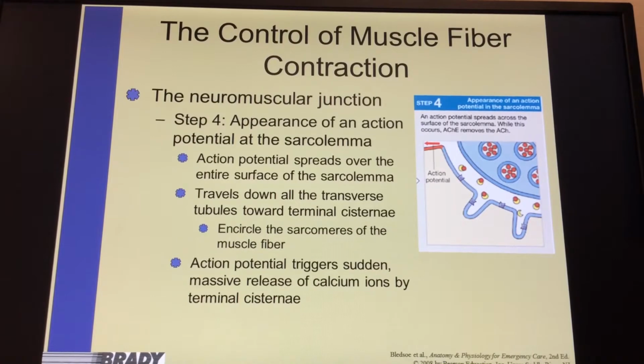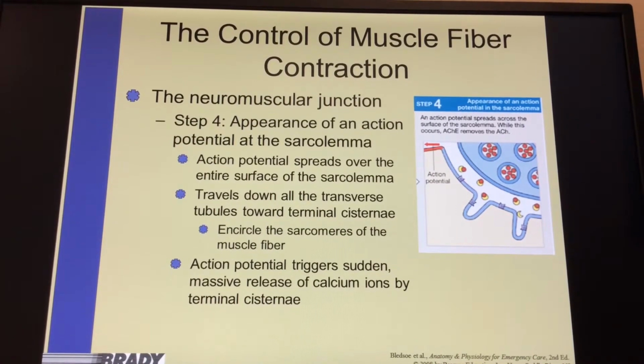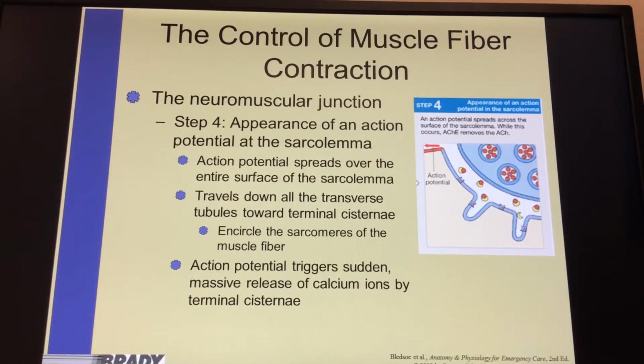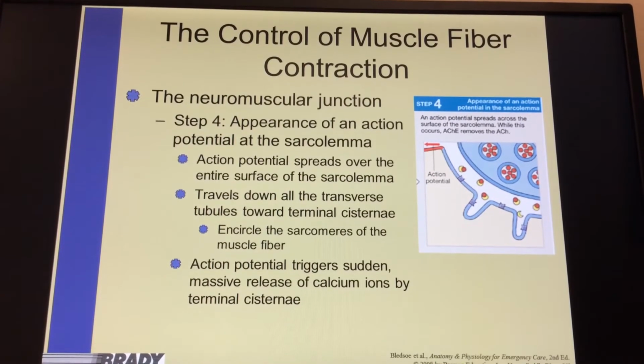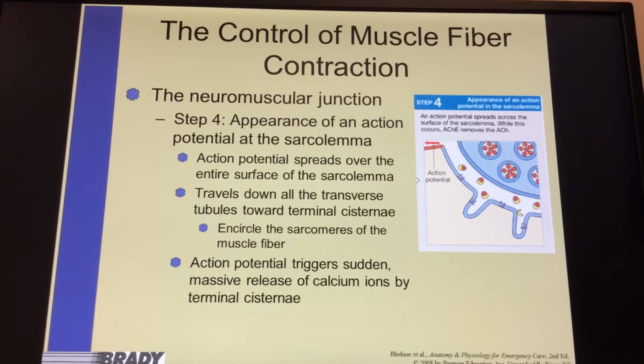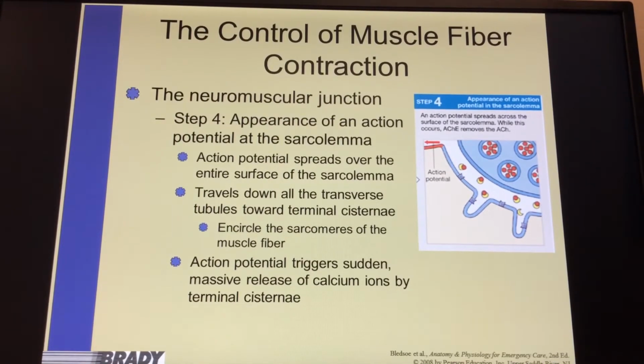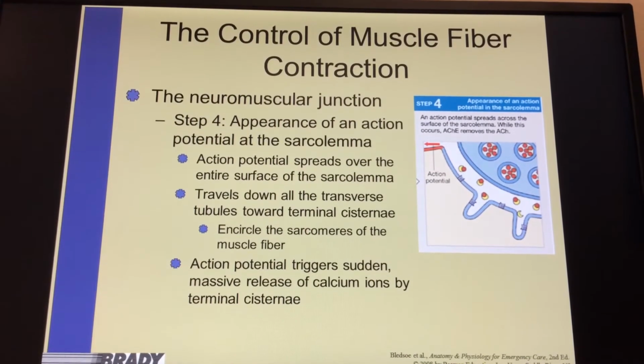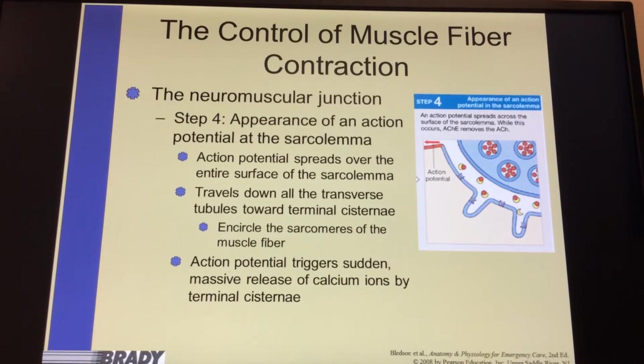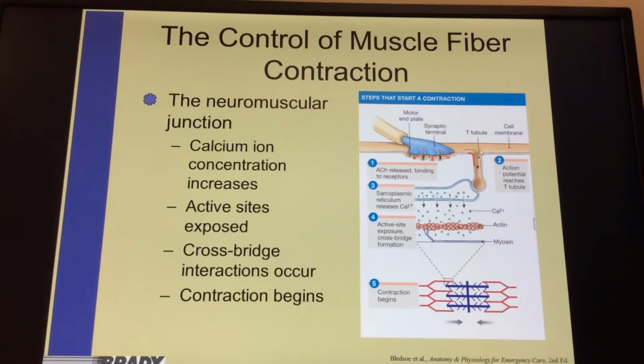But when we get this initial attachment, that allows the sodium into the channels, causes a sudden trigger of that action potential, and then the sarcoplasmic reticulum does a massive release of the calcium ions through the terminal cistern into those myofibrils. And again, as I talked about, calcium is going to bind with the troponin, allow a twisting, and allow those actin-myosin molecules to be opened up.